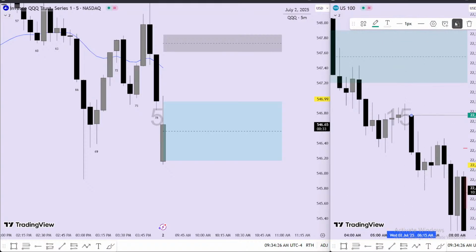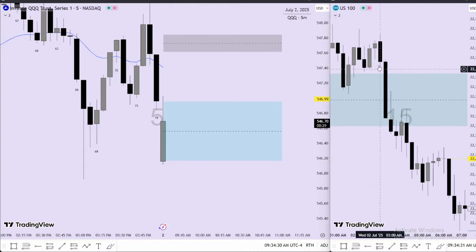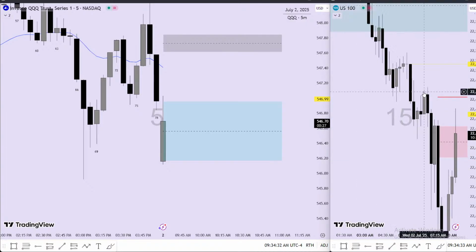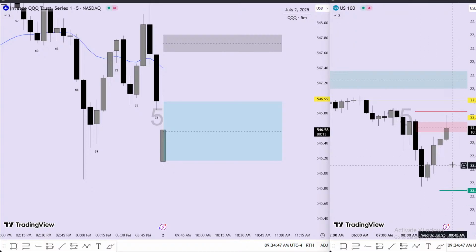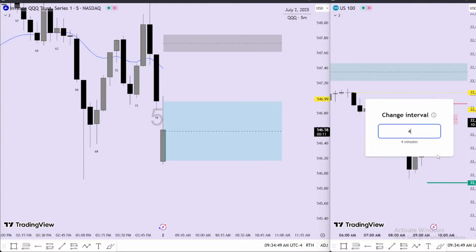Then this becomes relevant. We have a gap around this point, right? This is a gap, 4 hours.